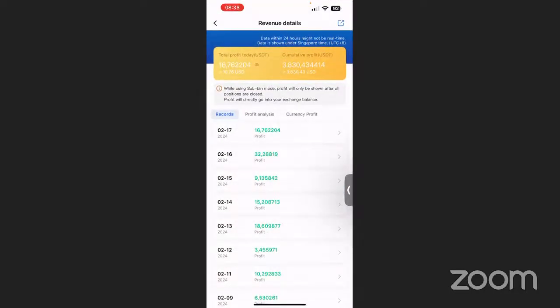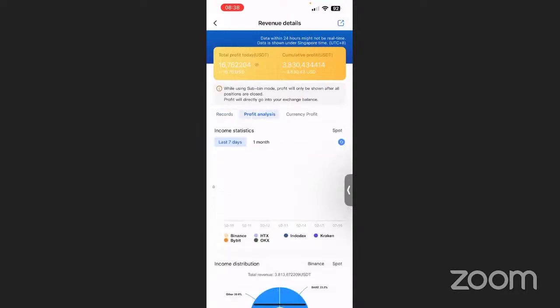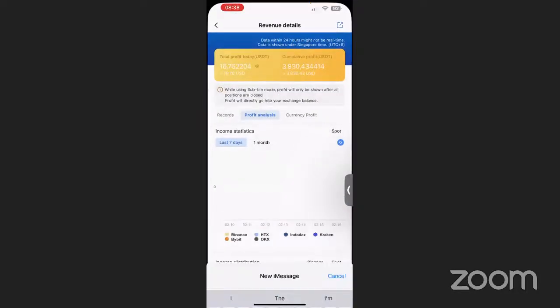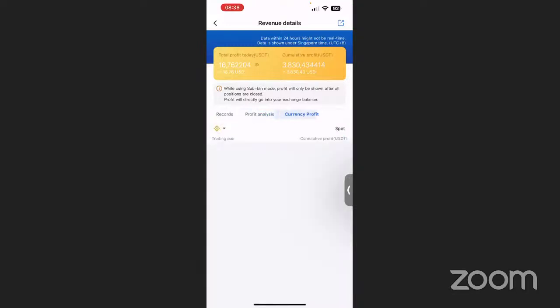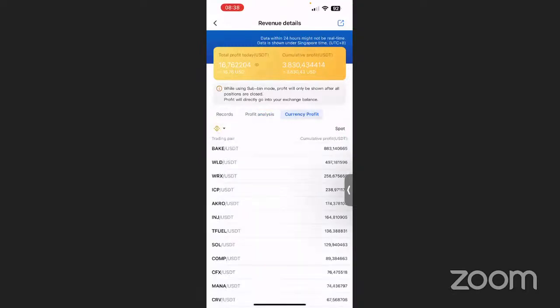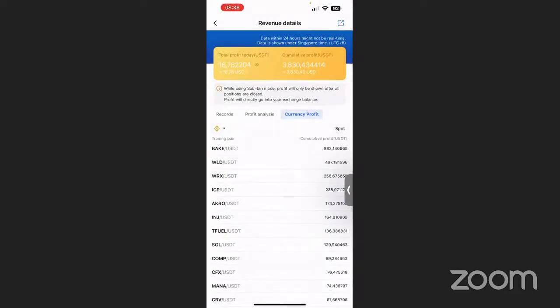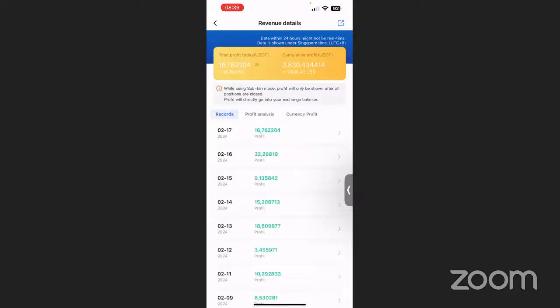You can switch the tabs from records to profit analysis and also share this part. Like if I go to currency profit, I can still share. You can share on your WhatsApp status, or any medium that you want to use.